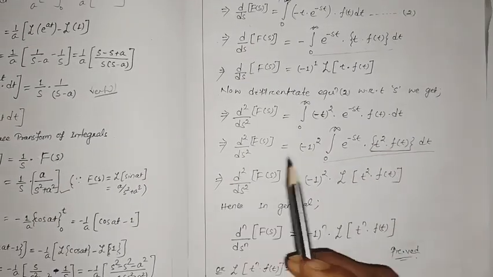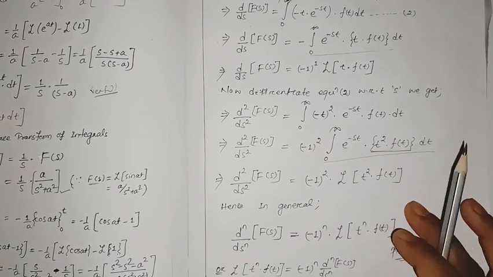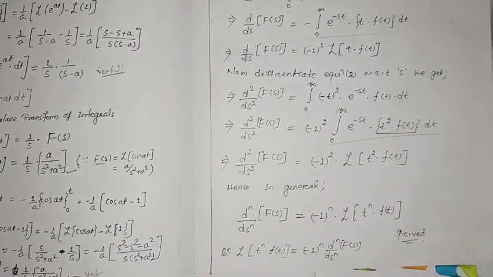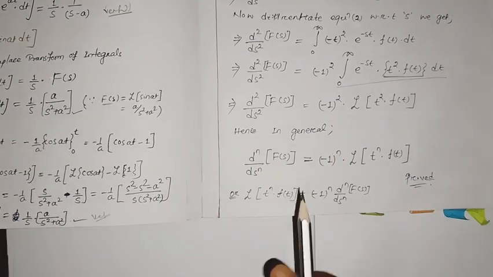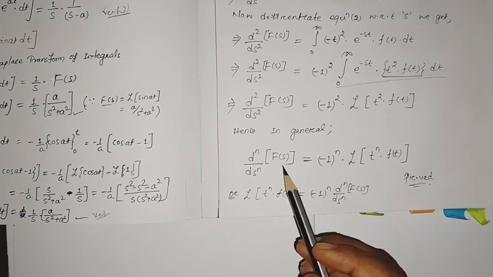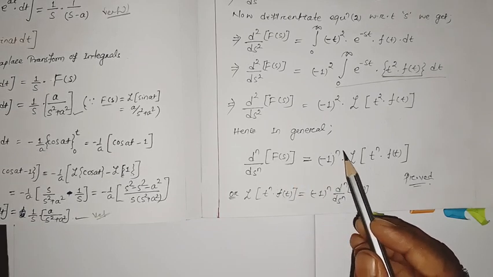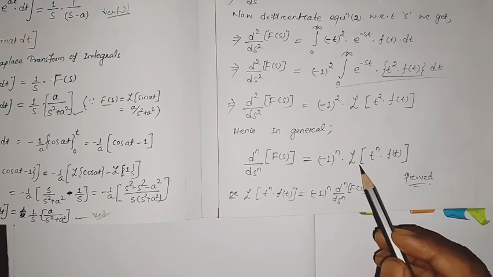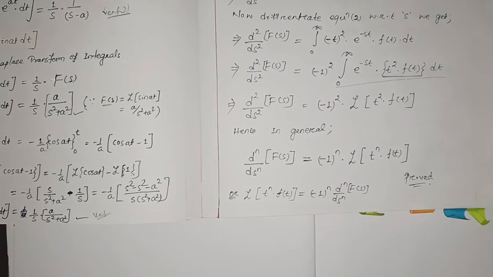So for the second derivative, minus 1 to the power 2 came and t square came. Likewise, in general, the nth derivative of capital F of s will be minus 1 to the n into the Laplace transform of t to the n into f of t.